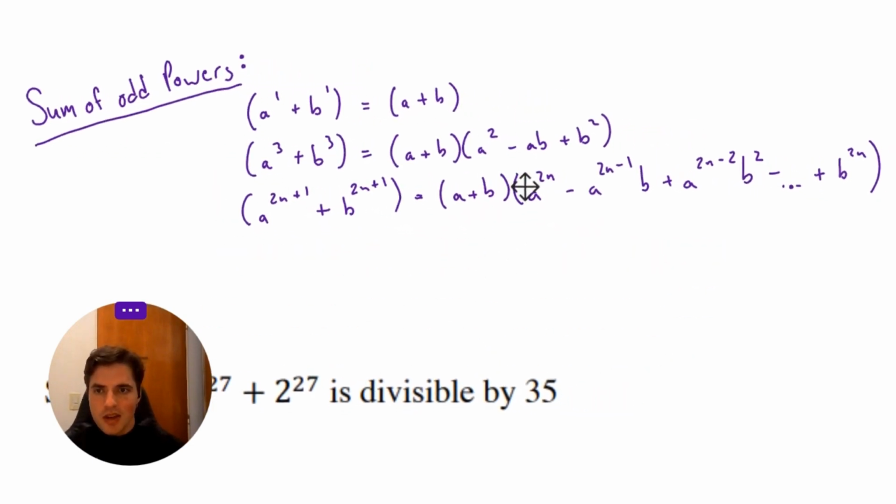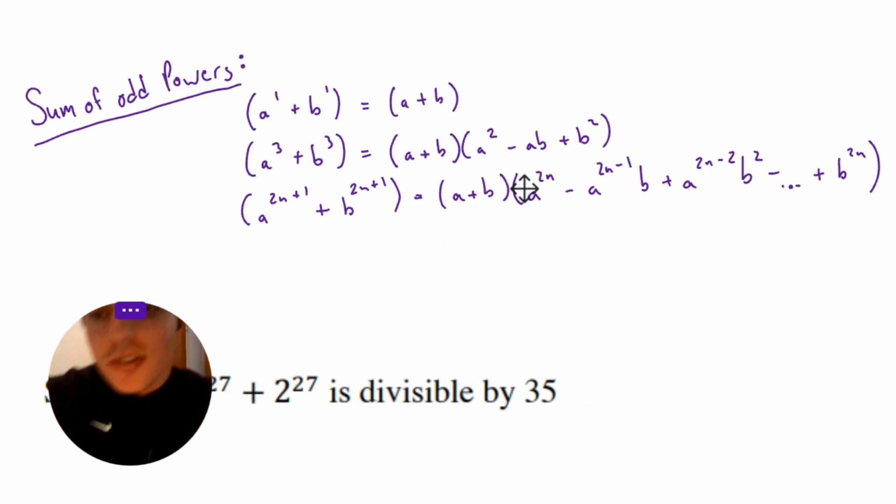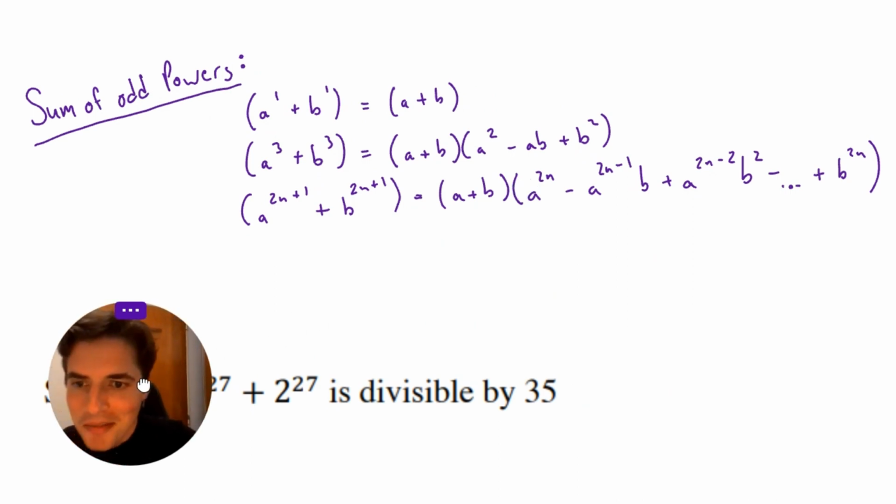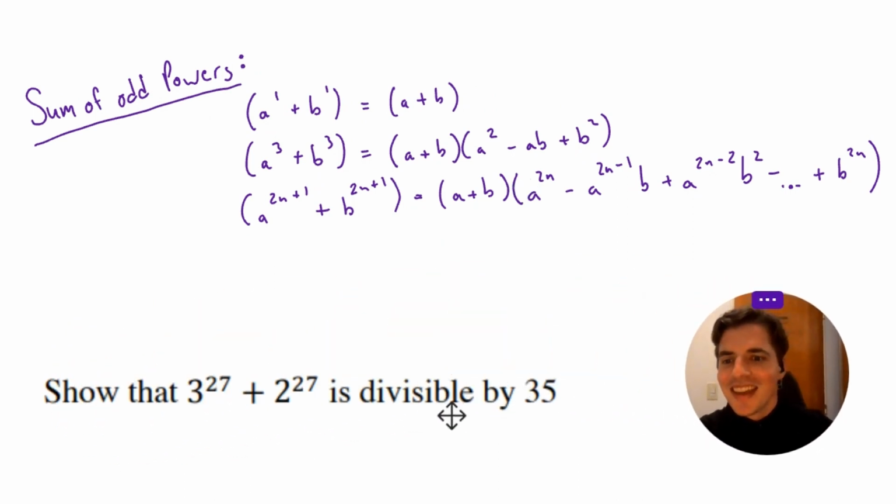So we have the sum of odd powers, and behind my head you can see that we do have 3 to the 27th, which is an odd power, and 2 to the 27th, which is an odd power, which does make me think that this is a good thing to use, because we can do some sort of factoring.